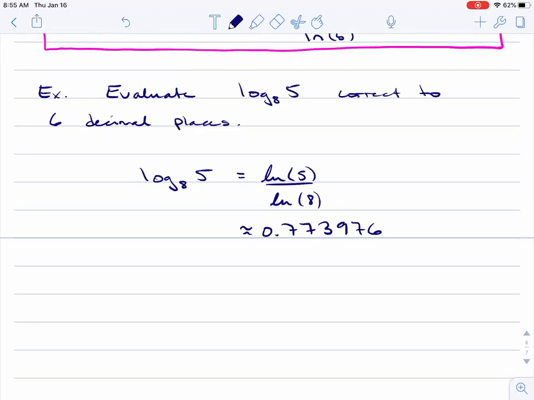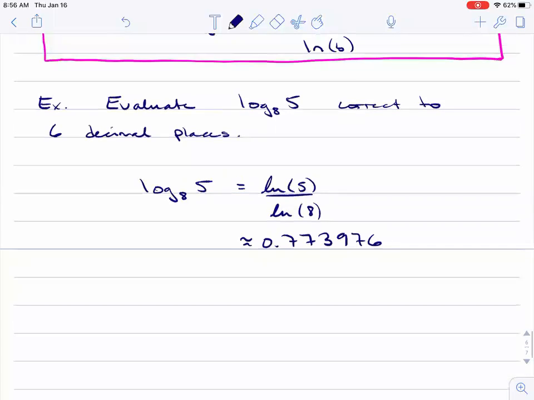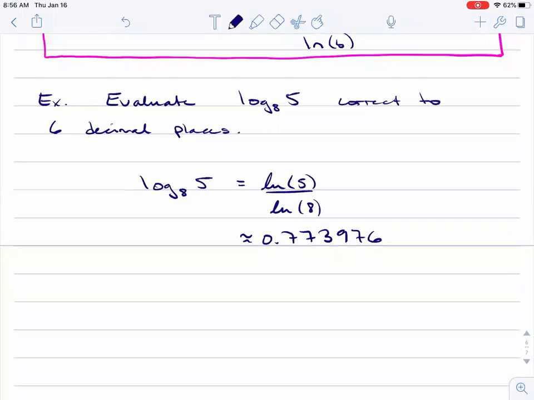So this, the change of base formula, is how we would go back and solve the problem that we started with, where we said, oh, I have to think of 2 to the power of what equals 16. I don't like those types of problems. So for me, I would probably just go to the change of base formula. What were we trying to solve? Log base 2 of 16.